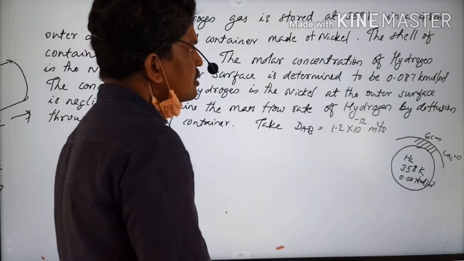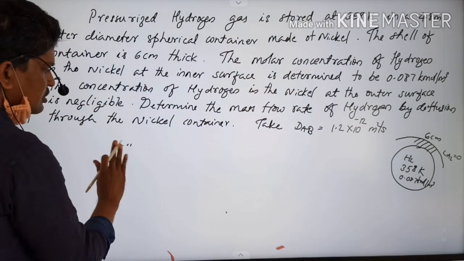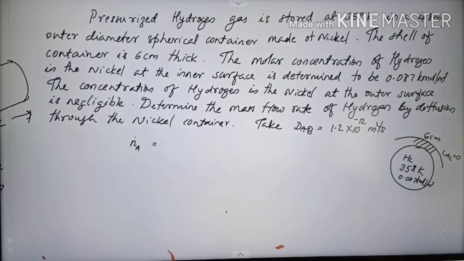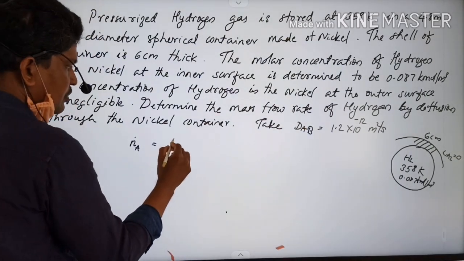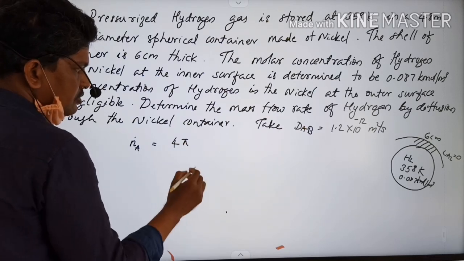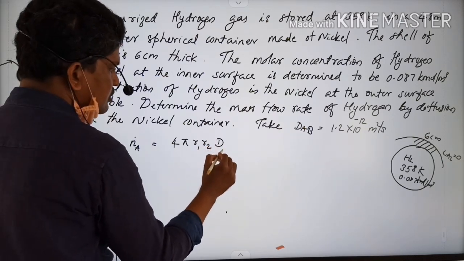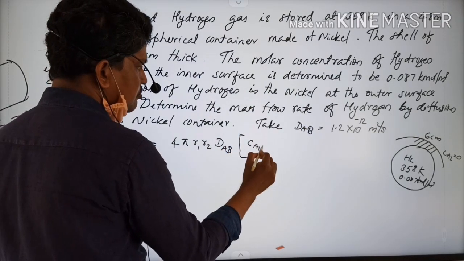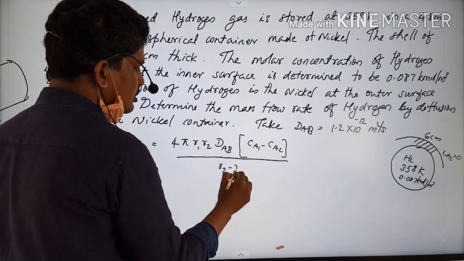Here the concentration is given as molar concentration, so I am finding out in moles, say n, which is equal to, for a hollow sphere, 4 pi into R1 R2 DAB into CA1 minus CA2 divided by R2 minus R1.